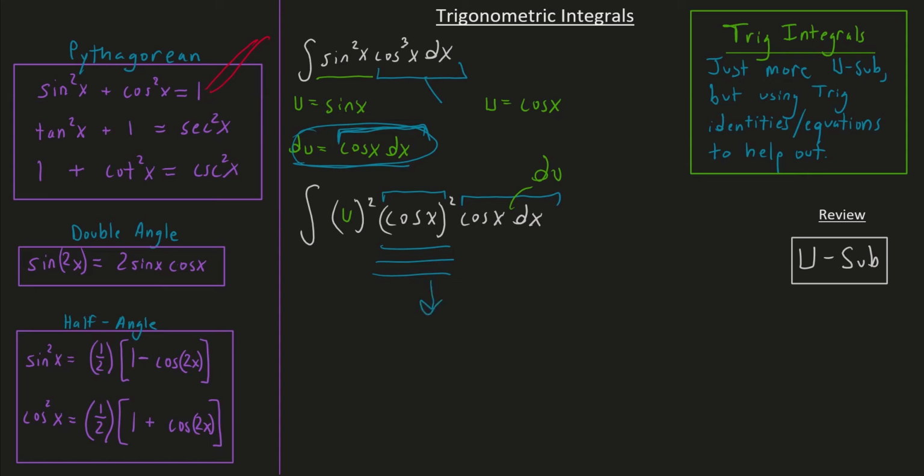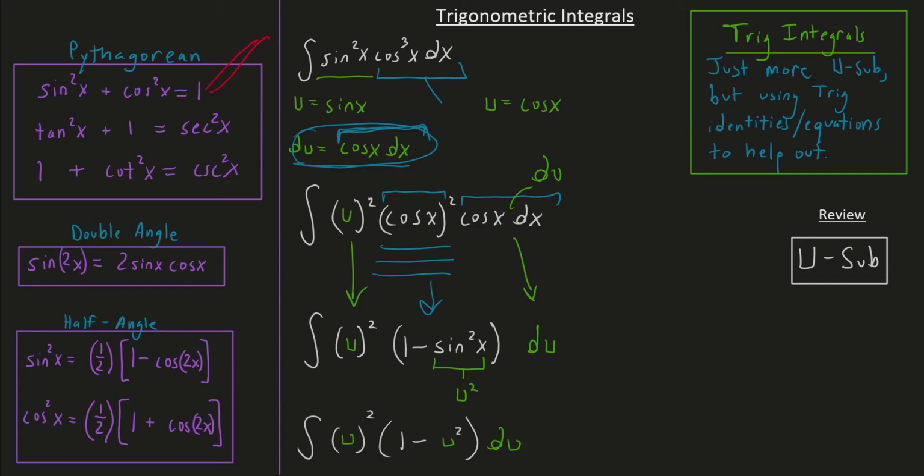This will just become 1 minus sine squared of x, using that Pythagorean identity up there. So the rest of my work carries down. And I know that this guy just turns into u squared. Just two sines getting multiplied by each other.